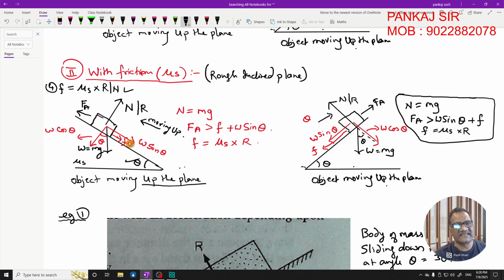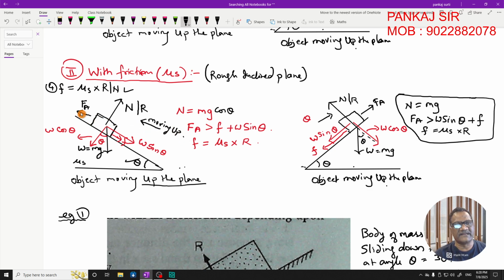So in this second case where friction is involved, your vertical forces will be normal force equal to mg cos theta, as usual. But in the horizontal direction you will have Fa. The object is ultimately moving upward, so Fa is the dominant force.